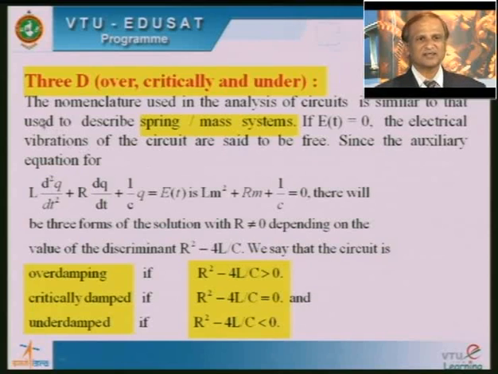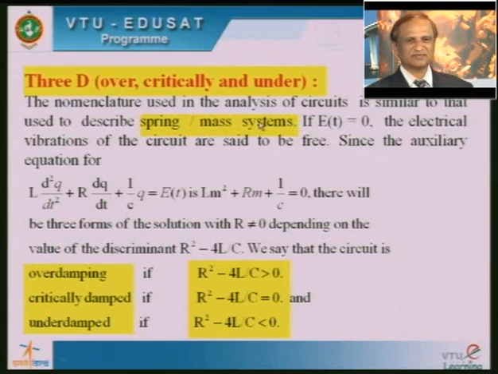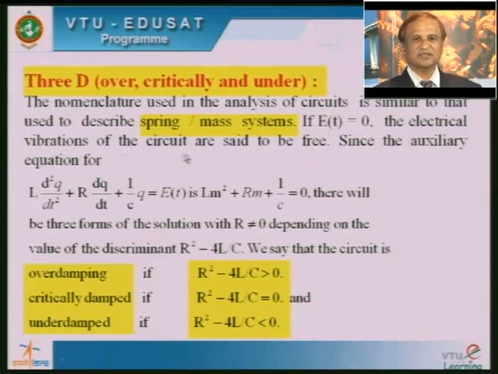Is it clear, right. Before that, the nomenclature used in the analysis of circuits is similar to that used to describe the spring mass system. I have already solved a similar type of equation in the case of a spring mass system. As I have mentioned, if you replace E of t by 0, the electrical vibrations of the circuit are said to be free.